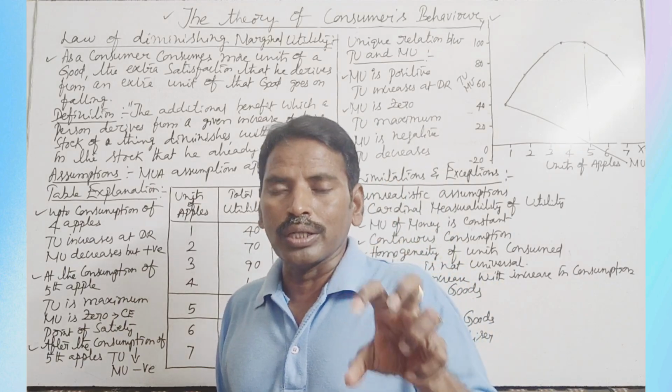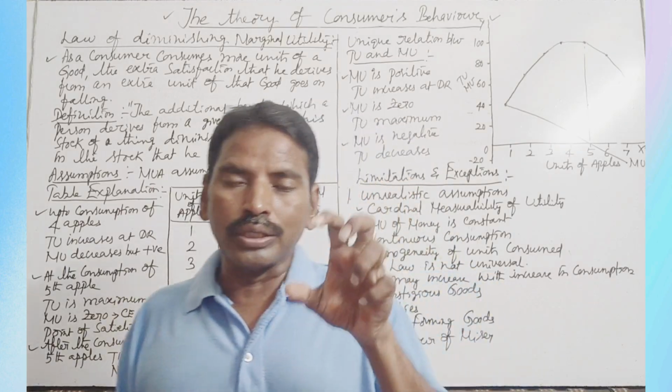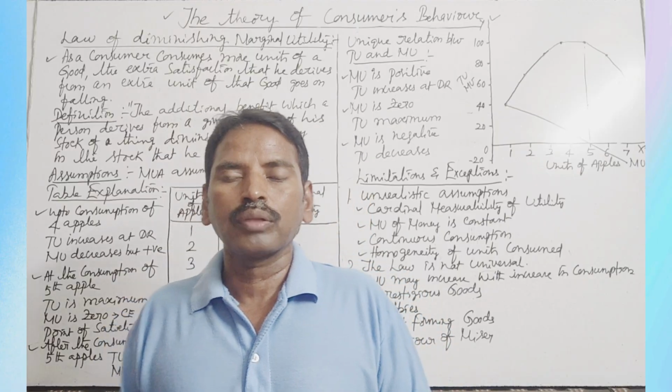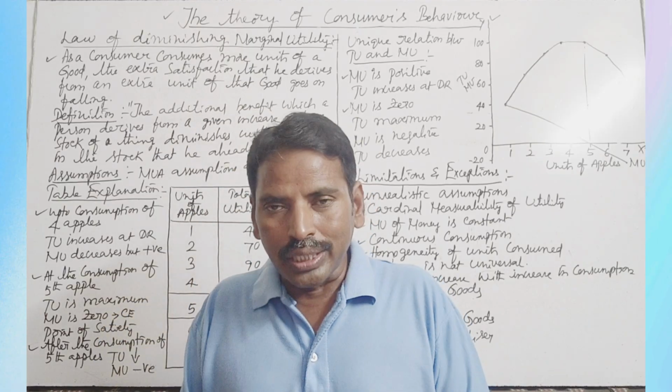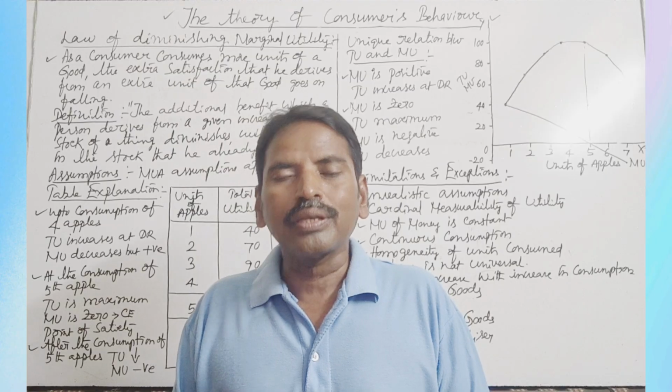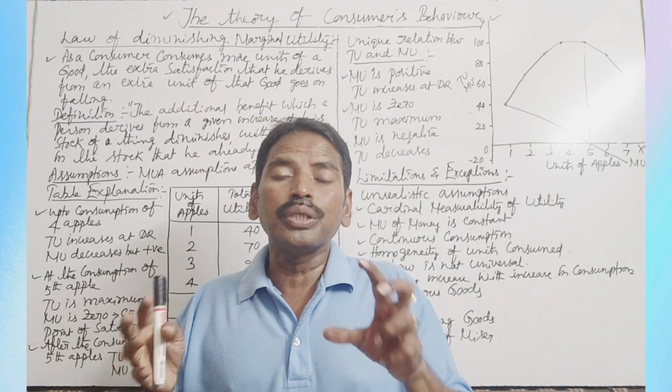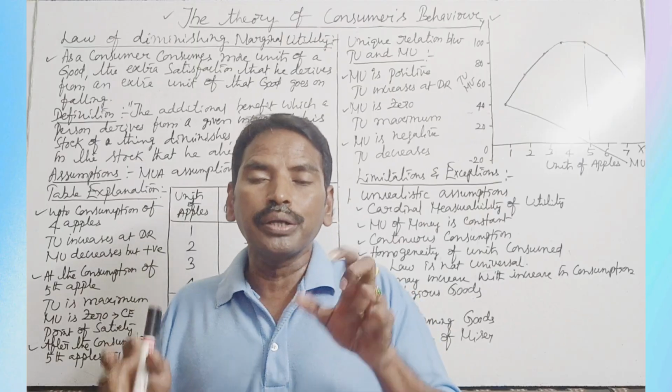Key terminologies of LDMU. One is total utility. Total utility is the sum total of utilities of all the units of a commodity combined together.